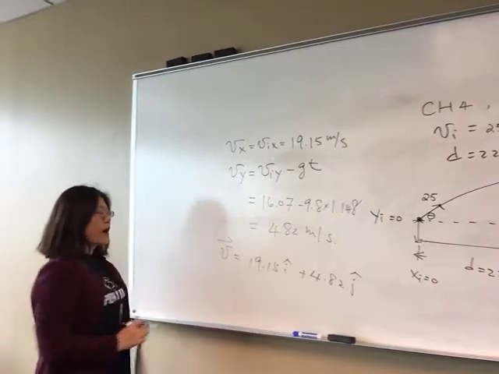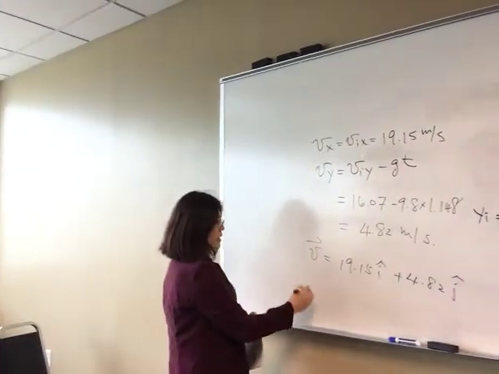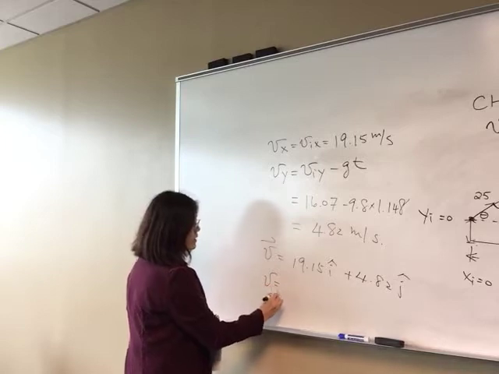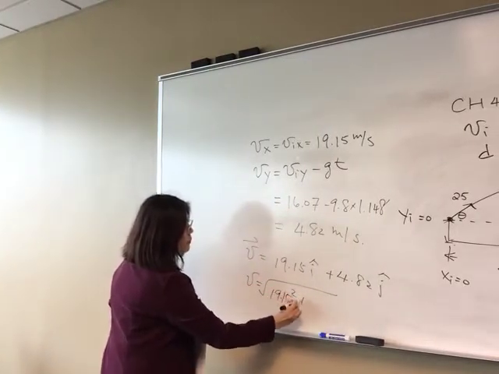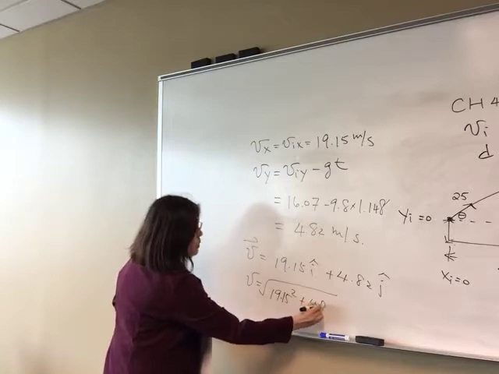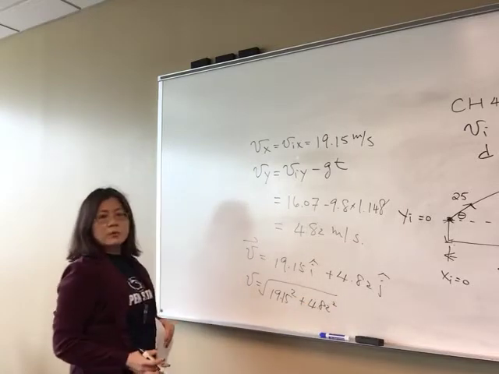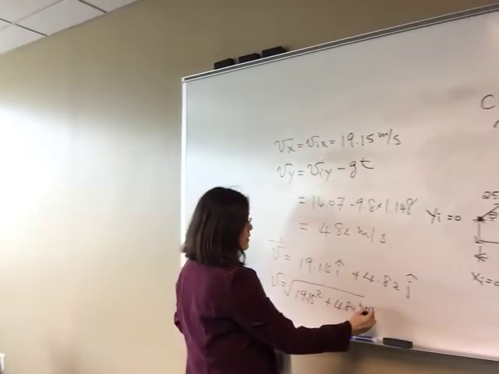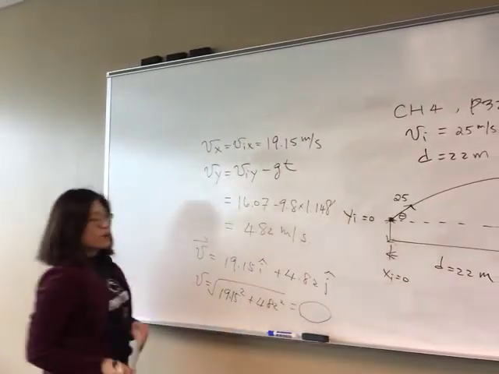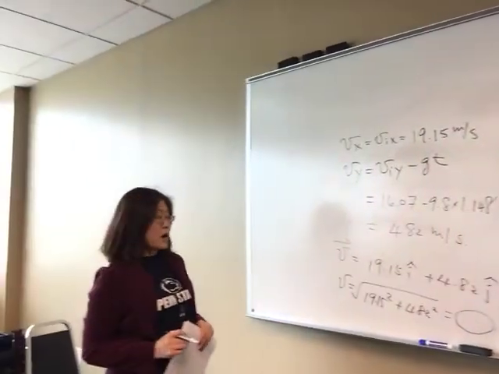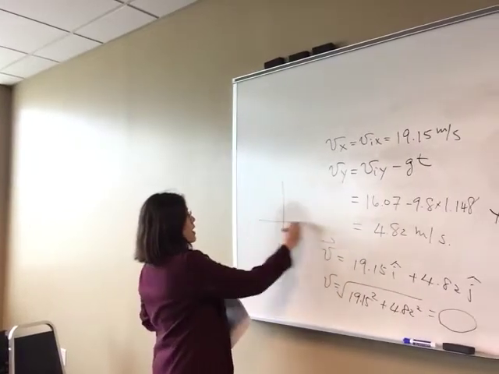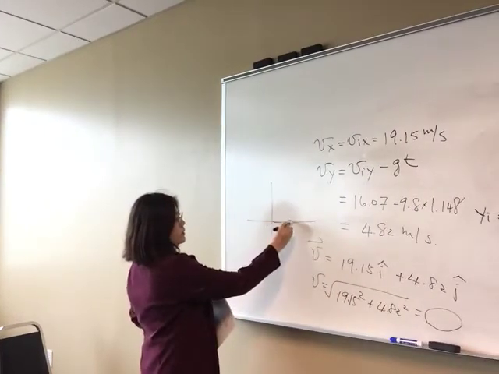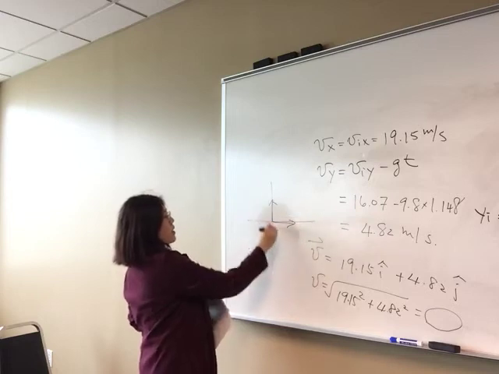Now, if you're asked to find the magnitude of the velocity, which I did not calculate, but you can easily calculate it, that will just be the horizontal component squared plus the vertical component squared, and take the square root of the sum. Now, what about the angle? Again, draw it on the xy plane. You have your x component, that's positive, and a positive y component.